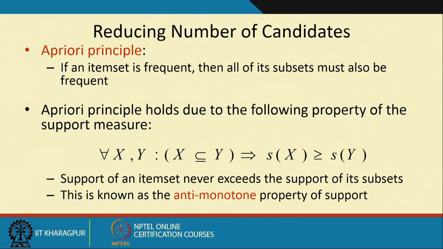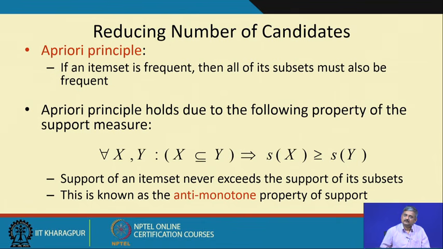What this principle says is actually another way of putting what I said. If some item set is frequent, then its subsets should also be frequent. A way of stating this is, if people buy milk and bread a lot of the time, it is obvious that people also buy milk a lot of the time, only milk.